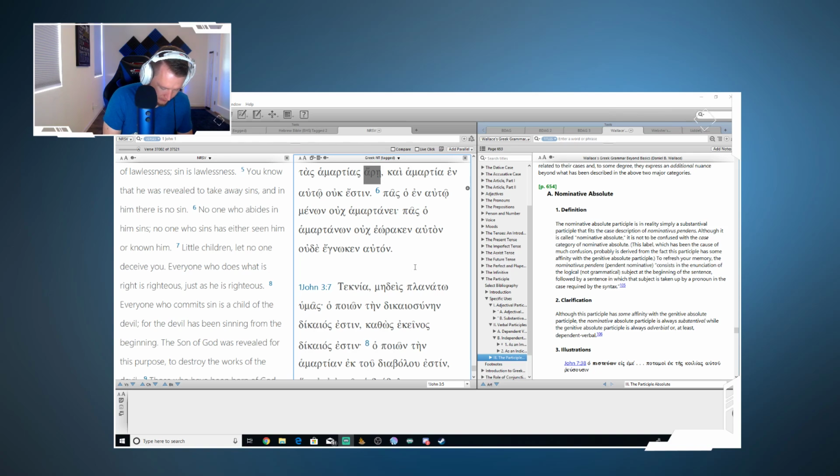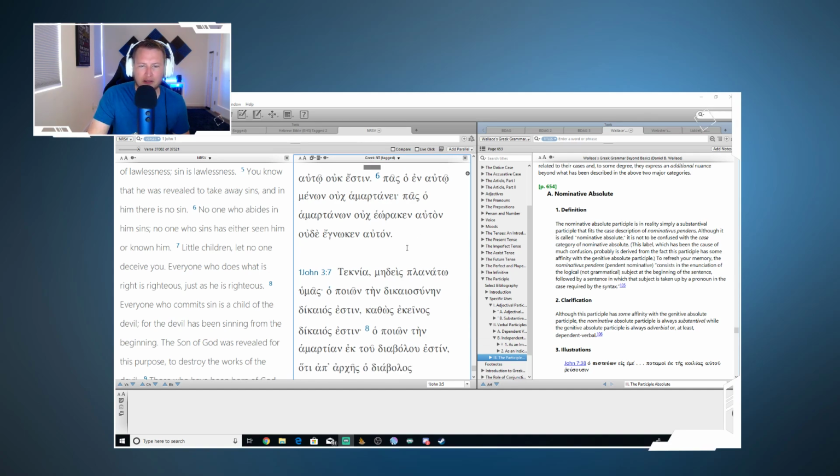Okay, verse 7. Teknia, medeis planato humas. Ho poion ten dikaiosunen dikaios estin, kathos ekeinos dikaios estin. Children. Medeis, no one, planato, third singular present active imperative.